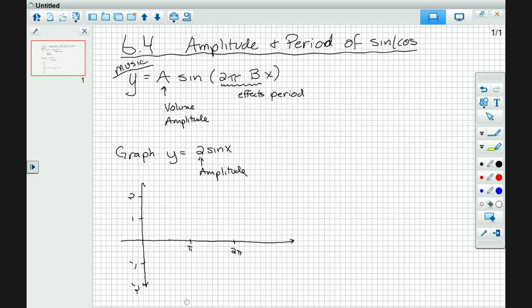It repeats at 2 pi, but we're going to stretch it up here and down to here now. So we've just stretched it vertically.